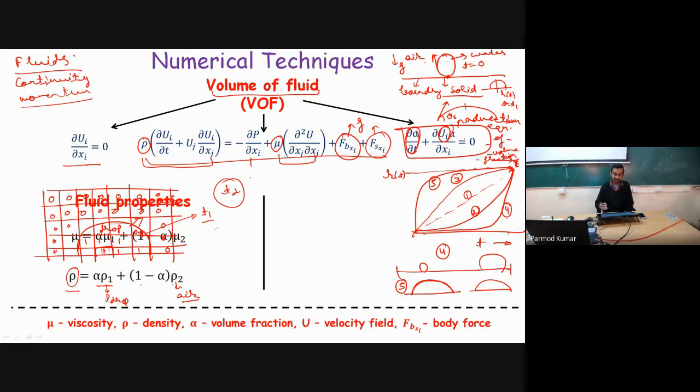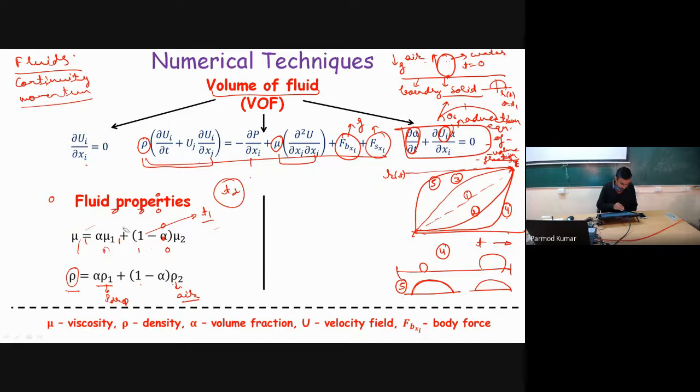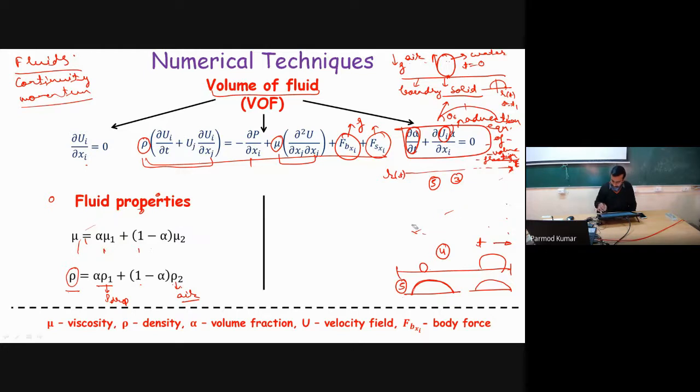Okay, so this will be governing how alpha is changing, and if we know the distribution of alpha at different times, we will be able to determine the value of the properties at different times. Okay, till this point it is clear. If you have any question, please let me know.